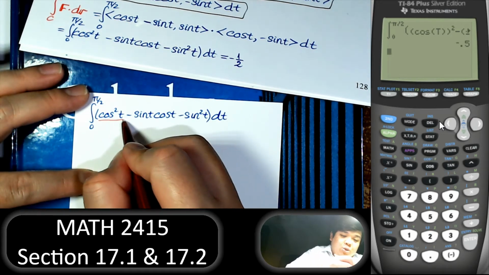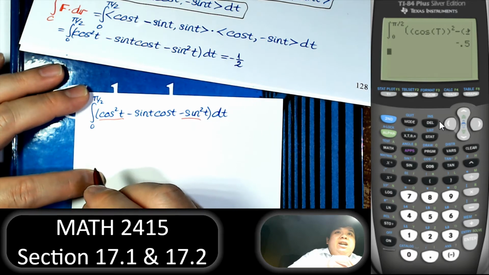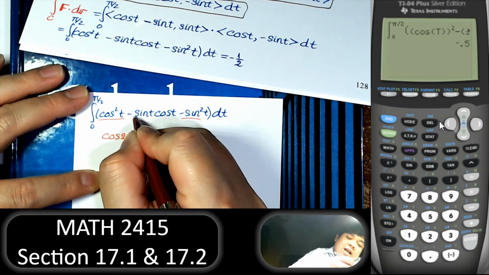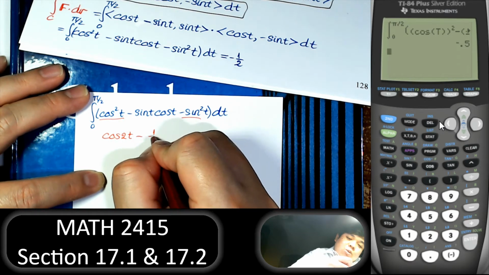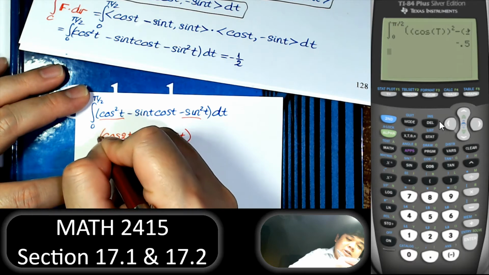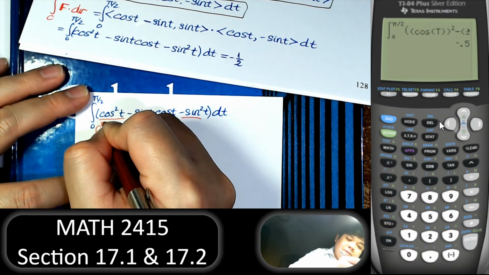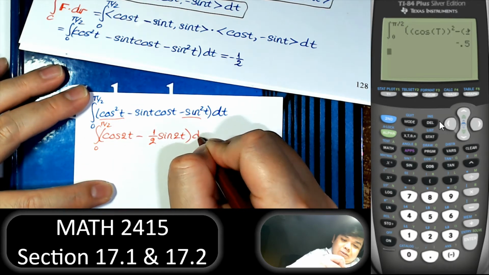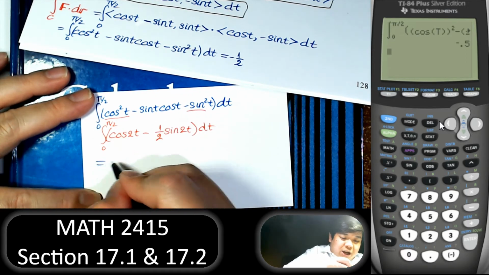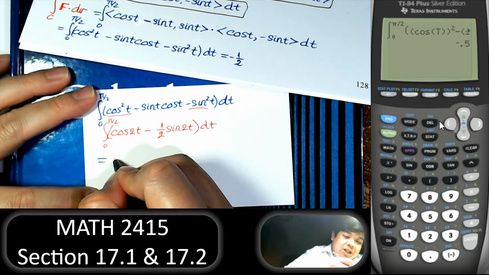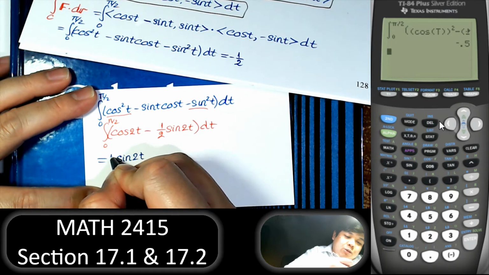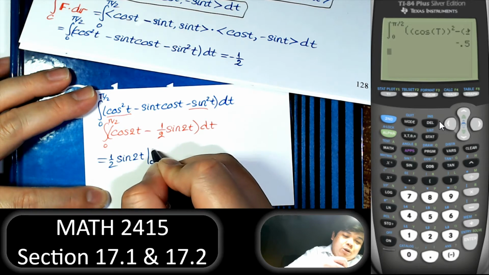First of all, cosine square minus sine square. Actually, that is the double angle of cosine, cosine 2t. And sine times cosine is 1/2 sine of 2t. So it's not that bad. Cosine of 2t integral is sine of 2t multiplied by 1/2, from 0 to pi over 2.